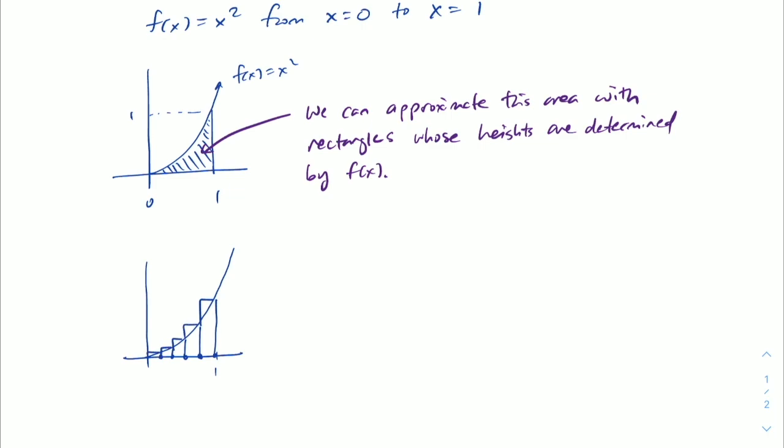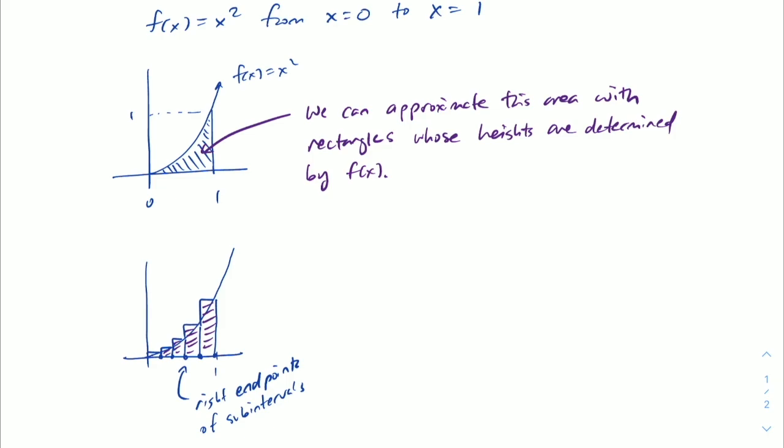The 5 points that I chose are the right endpoints of the sub-intervals. These right endpoint rectangles are going to give us an overestimate.